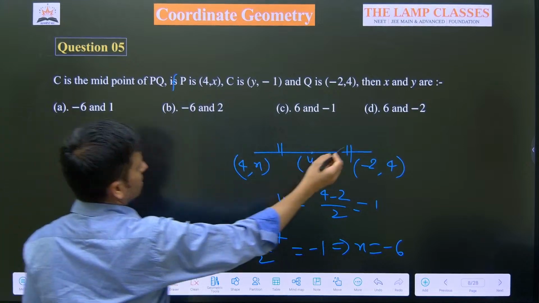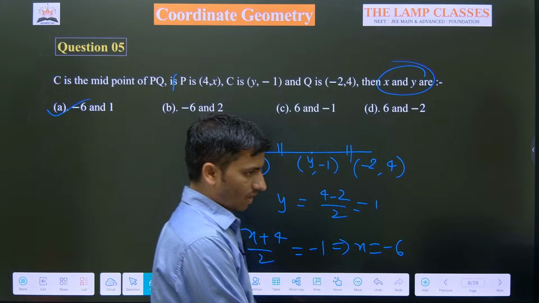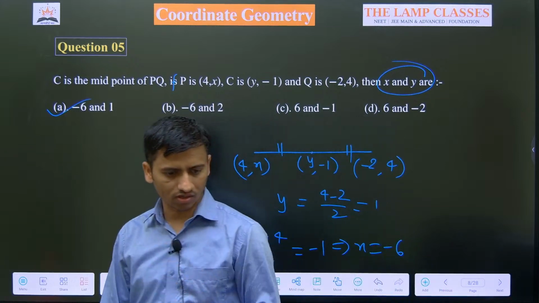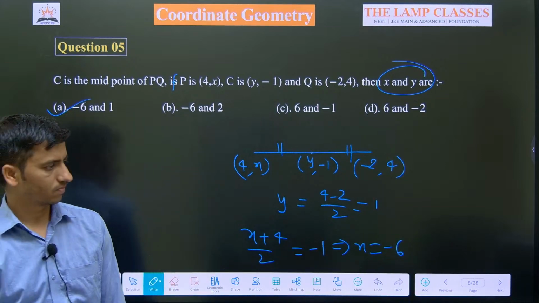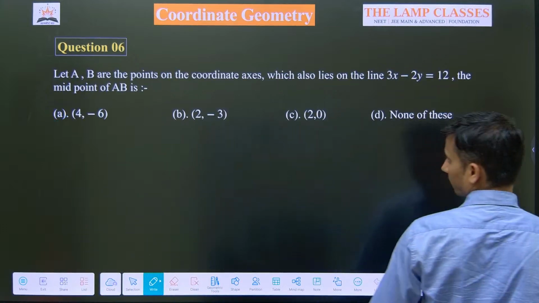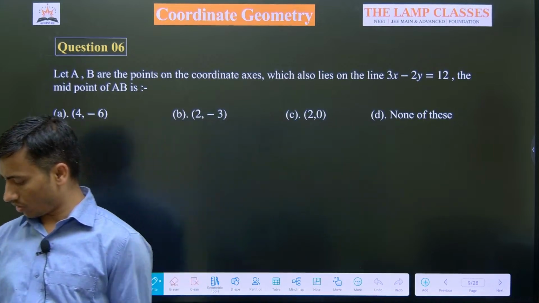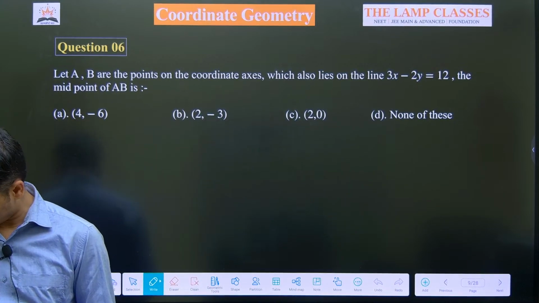So they are asking what are the values of x and y. It means it is this. This is a very simple one, right? All of you got the answer, I hope. Yeah, next question. Please read the question and accordingly you have to use the result.